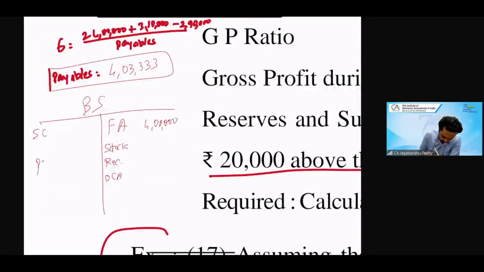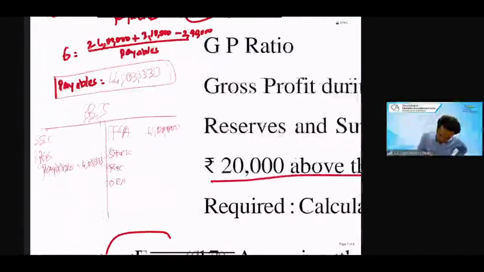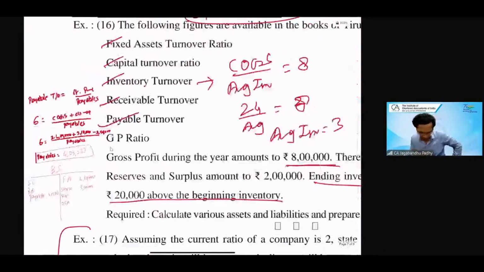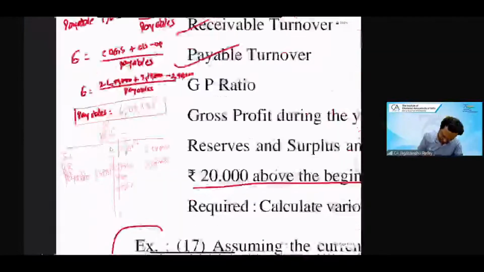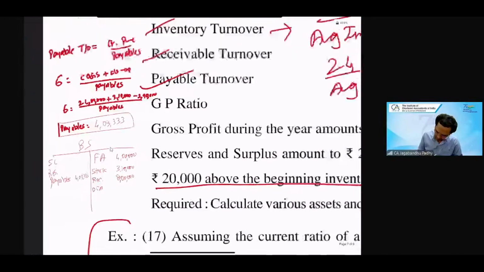Okay, so here we have the payables and also then the reserves. So payables are 4 lakh 3,333. Value of stock, closing stock was 3 lakh 10,000. What is the value of receivables? 8 lakhs. Yes. And then reserves and surplus is 2 lakh.